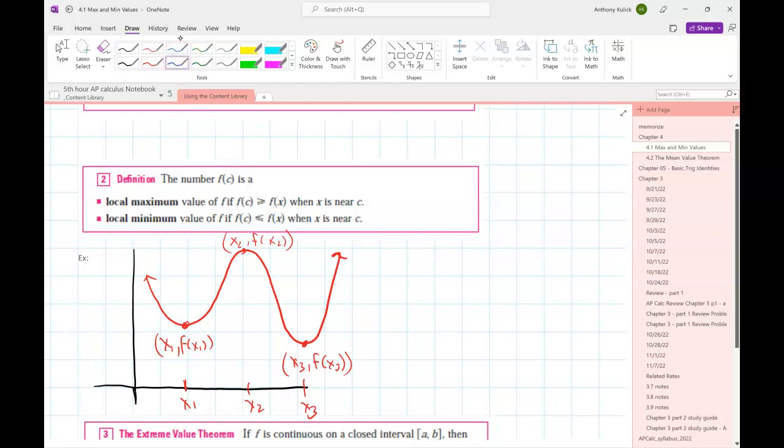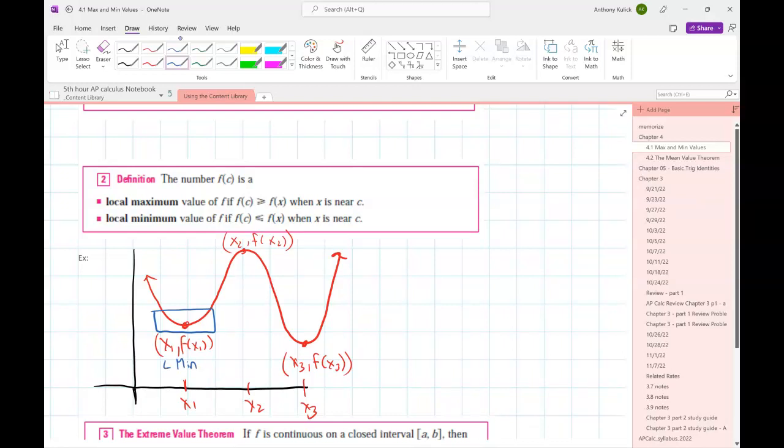If I look at x1, f of x1, in this neighborhood, f of x1 is smaller than all the other f of x's in that little neighborhood. So that's a local minimum.